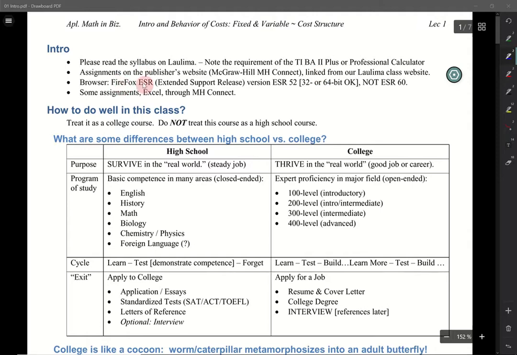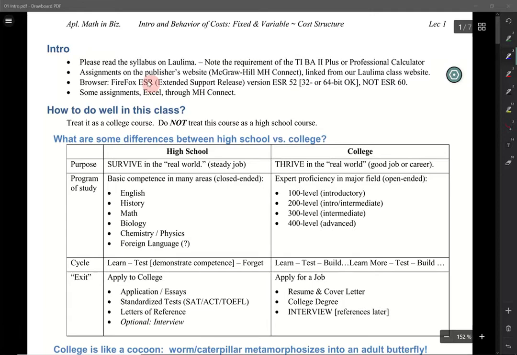As far as a browser is concerned, if you look on the Laulima site before you log in and read some of their notes, they recommend what's called the Firefox Extended Support Release, ESR. We should use the earlier one of those and not the more recent one. Some of the questions in McGraw-Hill do not render properly in other browsers, so be sure to use Firefox, and then the ESR.